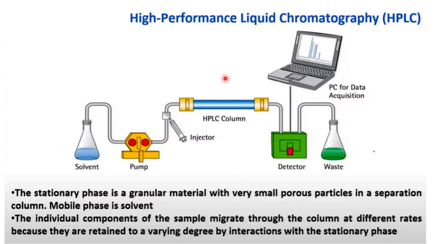Now, what is HPLC, or high performance liquid chromatography? Obviously the mobile phase is in the liquid state. The basic anatomy of the HPLC instrument is: first there is the solvent, and then there is a pump through which the solvent passes, and then you inject your sample.